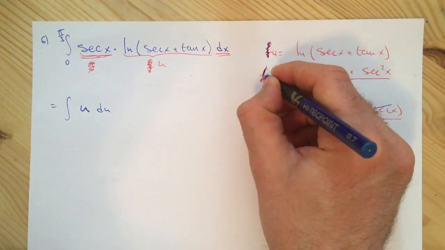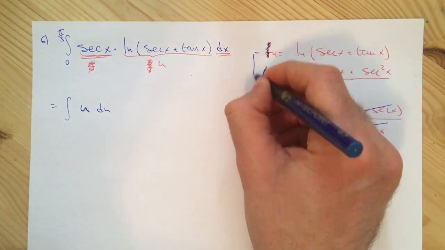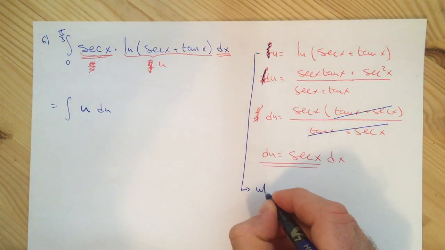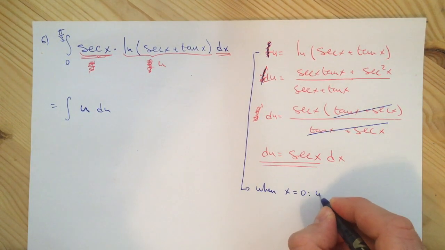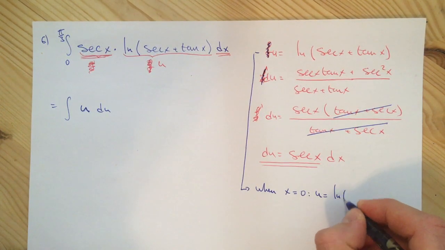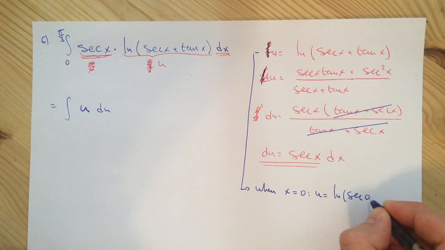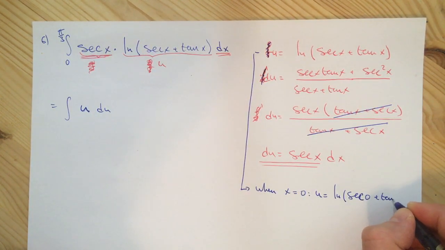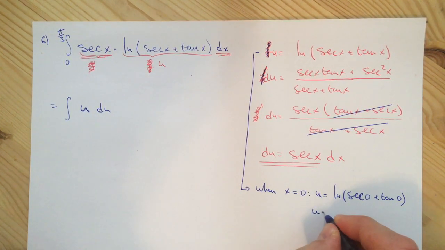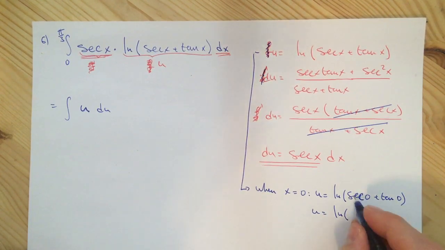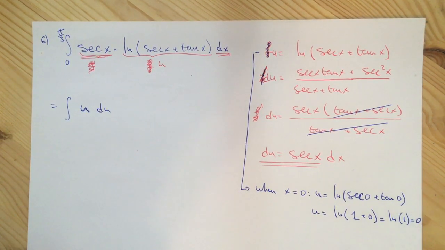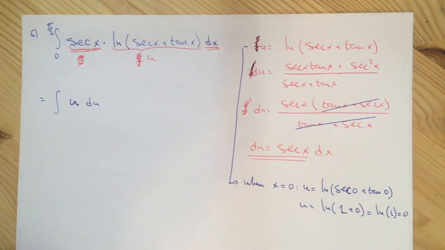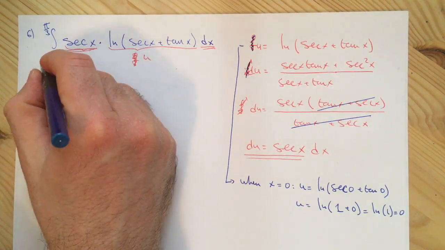according to the substitution. So here, when x is equal to 0, u is equal to ln of secant of 0 plus tangent of 0. Now secant of 0 is 1, tangent of 0 is 0, so you have ln of 1, but the ln of 1 is 0. So the lower limit stays 0, right?